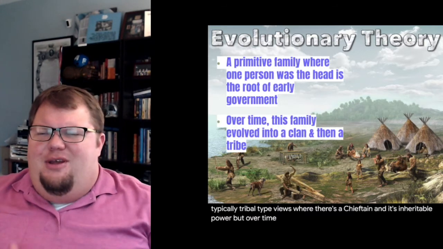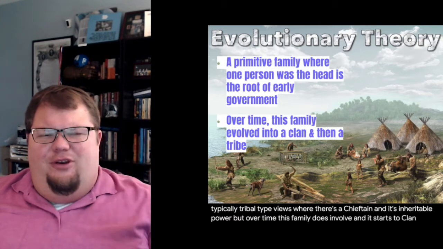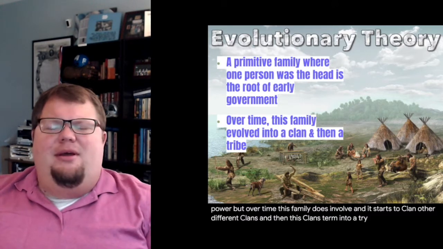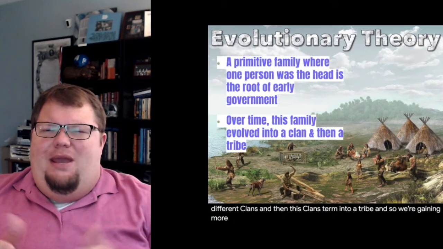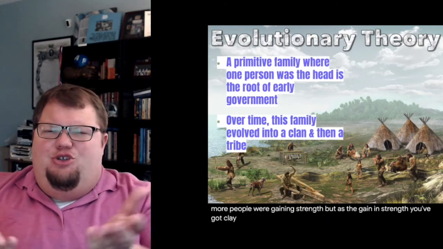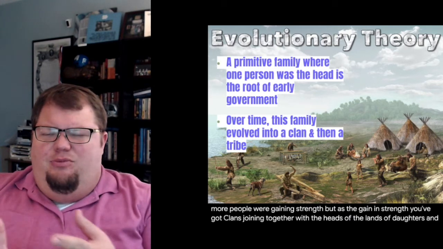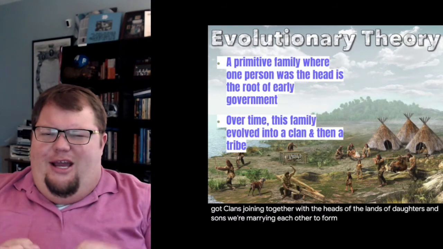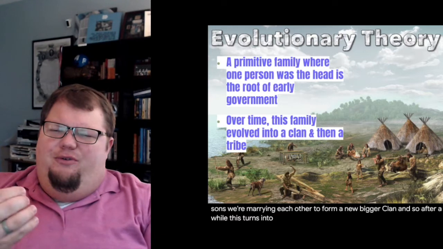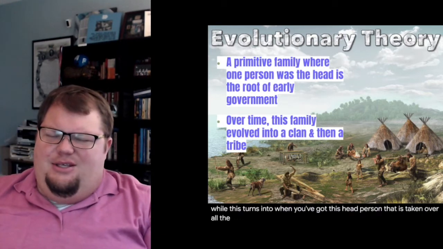But over time, this family does evolve, and it starts to clan together with other different clans, and then these clans turn into a tribe, and so we're gaining more people, we're gaining strength, but as we gain strength, you've got clans joining together with the heads of the lands, daughters and sons marrying each other to form a new bigger clan. And so after a while, this turns into where you've got this head person that has taken over all of the clans into one big tribe.